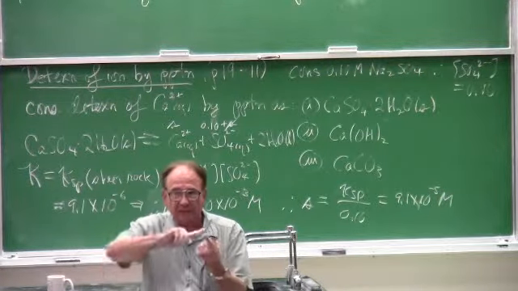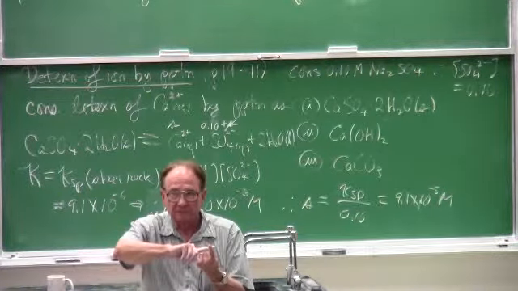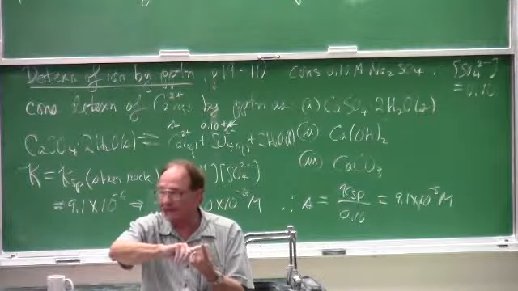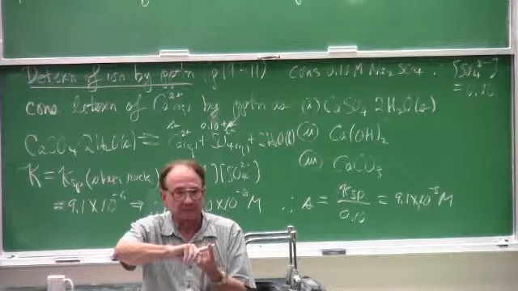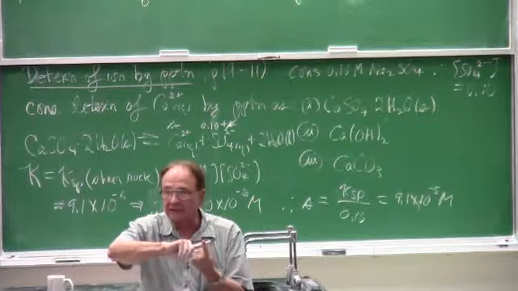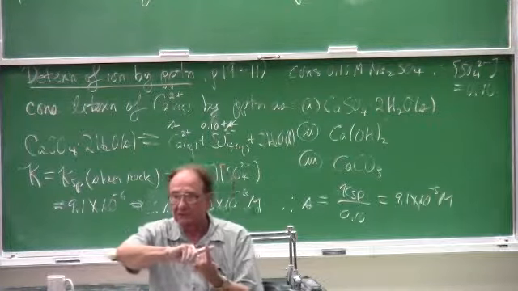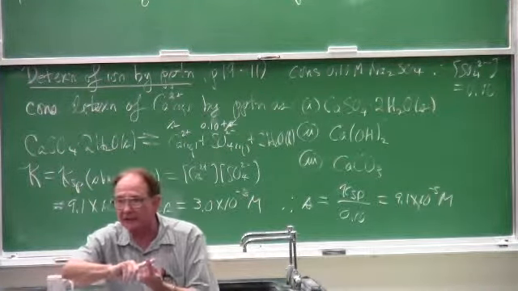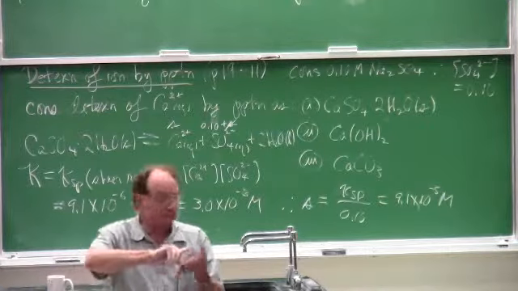Repeat. I've got a solution which may or may not contain calcium ion. I want to find out. And in the same solution, I've got sulfate ion at 0.10 molar.